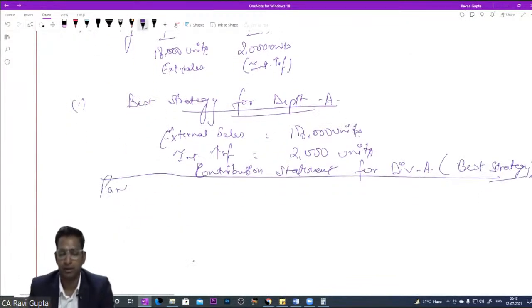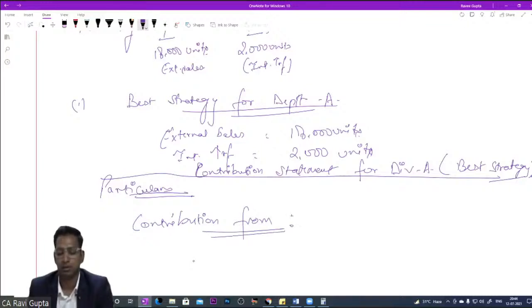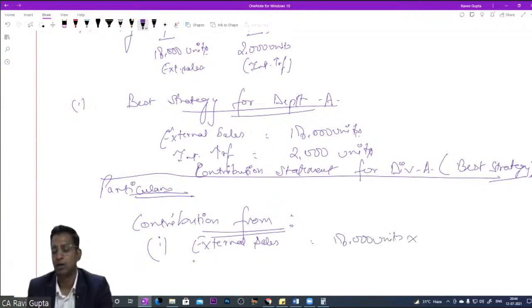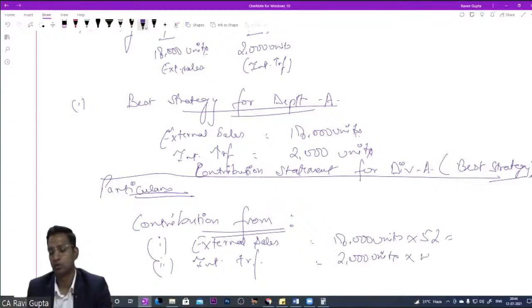So we have particulars and contribution from external sales, 18,000 units into 52 rupees. Second, internal transfer 2,000 units into 49.